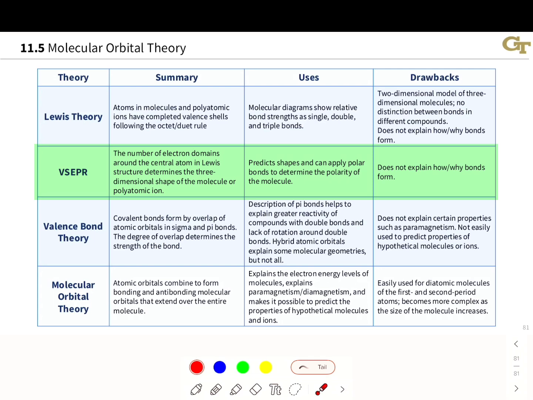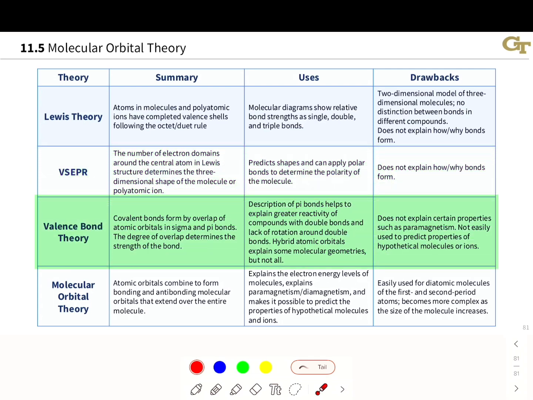VSEPR is a geometric theory that follows from the Lewis theory, where we can use the number of electron domains around the central atom to infer the geometry, the electron geometry, the molecular geometry, etc. But it gives no insight into how or why chemical bonds form, and there are exceptions to VSEPR theory that arise. For example, because it follows from Lewis theory, it's hard to reconcile VSEPR with resonance.